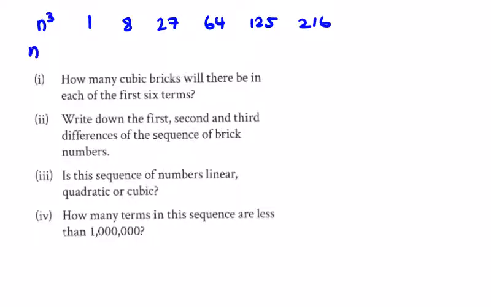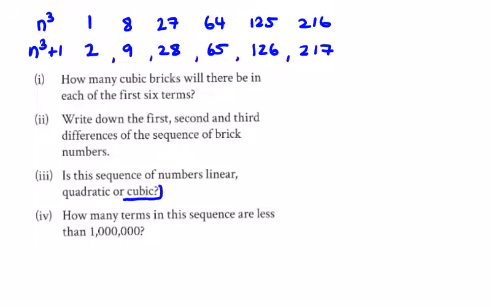And if we add 1, we're going to get 2, 9, 28, as the dog has a bad dream, 65. He's dreaming about cubic sequences. 126 and 217 is my sequence here. Put some commas in. And the sequence is cubic.